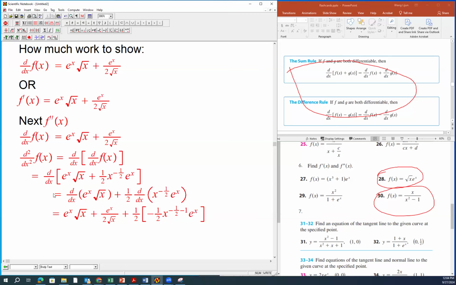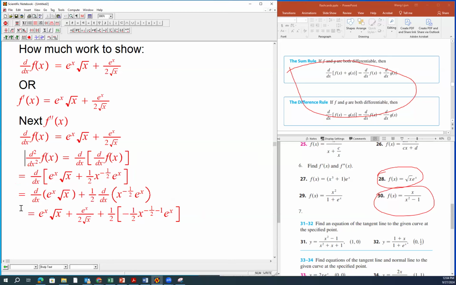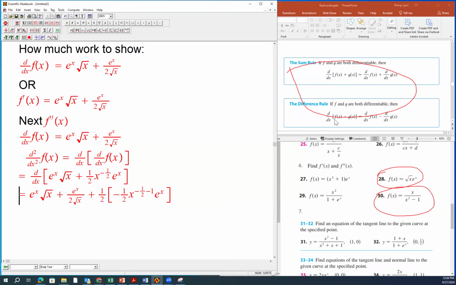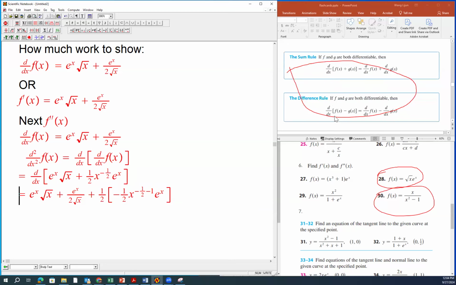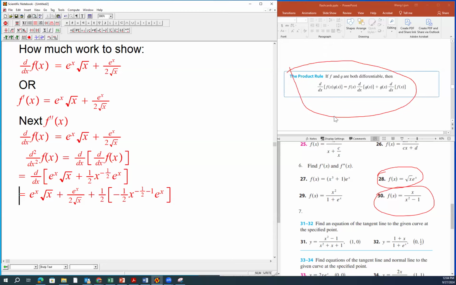Okay, so let me make some space for our work. All right. Product rule, right? So here, I'm going to bring up the product rule. We leave the half out.